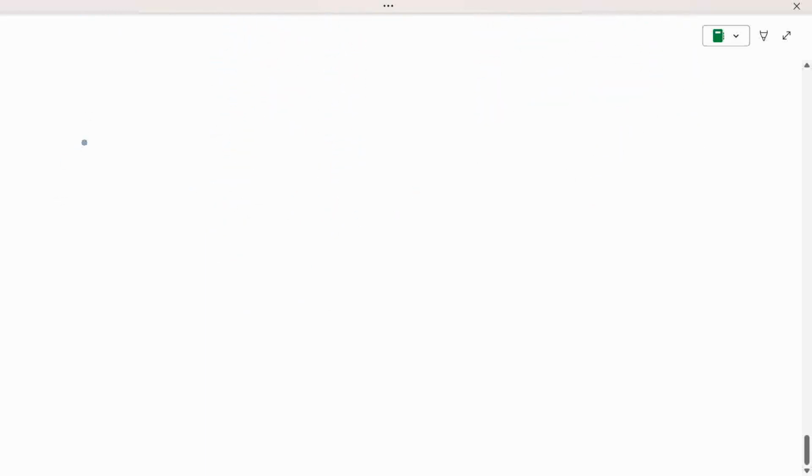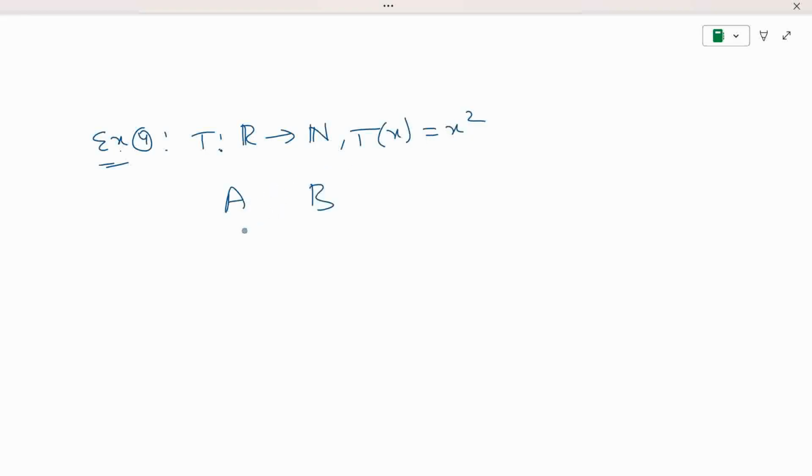Now let's take another example. We have defined by T of x equal to x square. So here A, B we have. Let me write on the B side 1, 2, 3, 4, 5. These are enough.